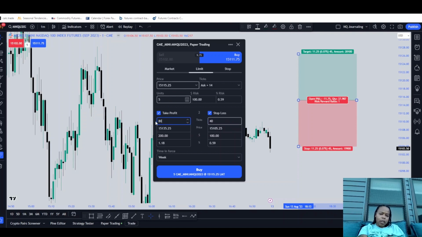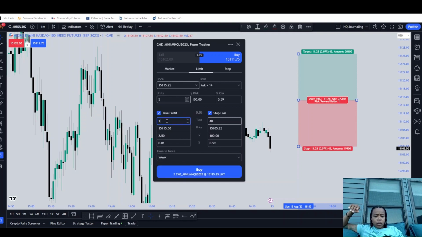Let's keep it simple: I'm going to look for 80 ticks. My goal for the week is 1200 on the first week. 80 ticks in the NASDAQ is nothing in terms of movement. I'm thinking what the base target should be if I want to make.